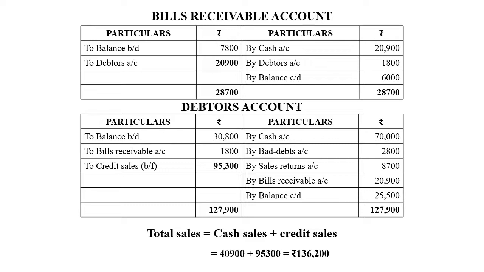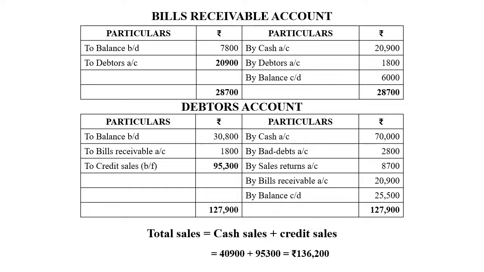If there is any such transaction, then you have to pass it to the debtors account. Then close the balance of the debtors account by transferring it to credit sale if there is a shortage on the debit side.